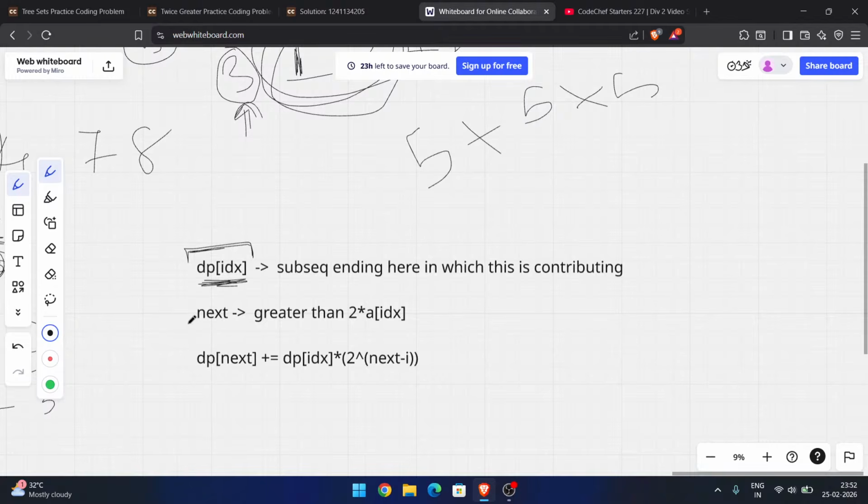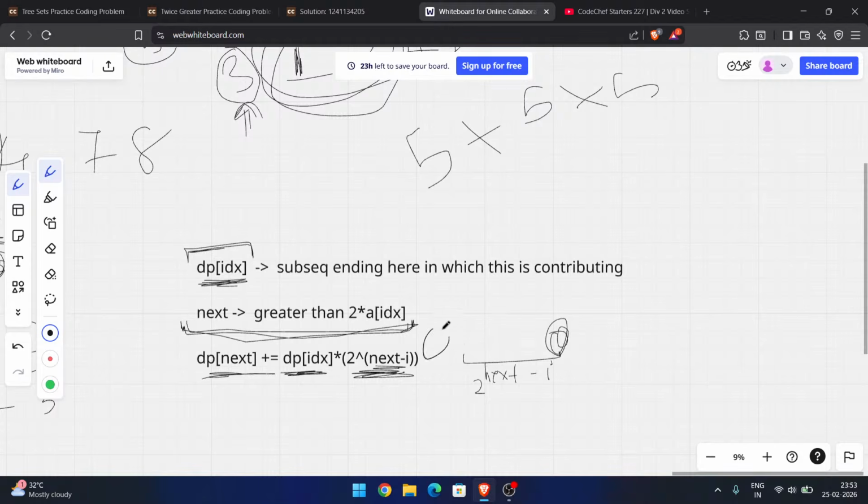So for this many subsequences that are ending here, this number is actually contributing towards the answer. I am finding the next element which is greater than this number, meaning the next qualifying candidate which can contribute towards the answer, and I am adding the answer till here into 2 to the power next minus i. Why this? Because in between we can form this many subsequences, and for each subsequence the answer would be added.